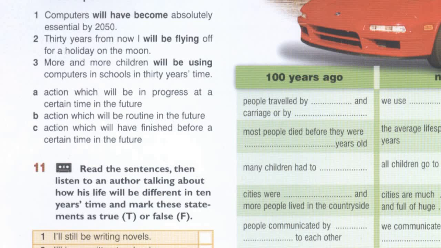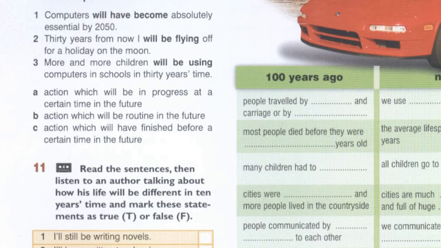Number B, action which will be routine in the future. And number C, action which will have finished before a particular or certain time in the future. We want to understand the situation for the tenses. First tense, future perfect, and second one, future continuous. The formats were understood in the previous part, and now we want to match.